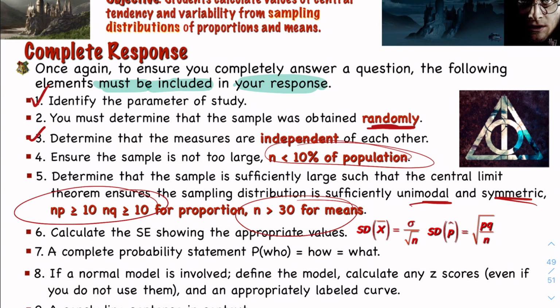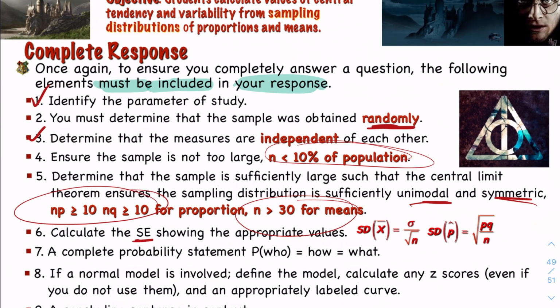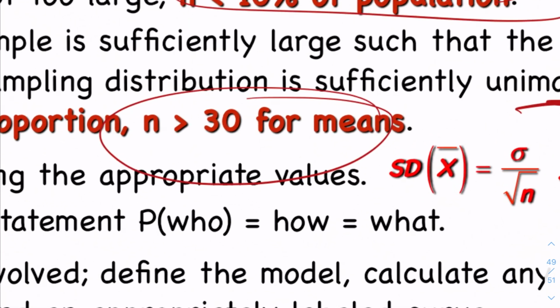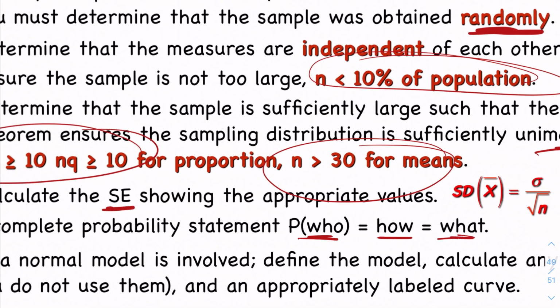Calculate the standard error showing the appropriate values. So standard error for a mean is sigma over the square root of n. A standard deviation for our sample proportion is the square root of pq over n. Both involve square roots. We should think like that. A complete probability statement, which means the probability of who equals how equals what you did to get it.